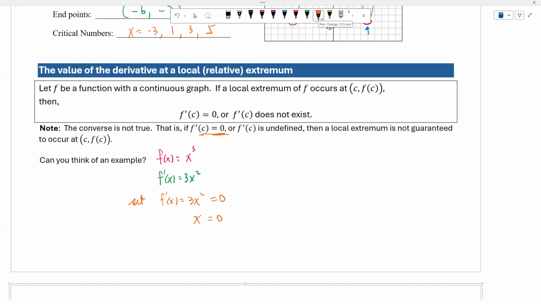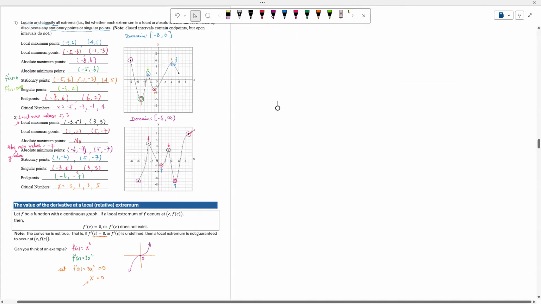So when x equal to 0, the derivative is equal to 0. However, we know that the graph of x to the power 3, you will see that x equal to 0, in this case right here, is not a maximum or minimum. Okay. So therefore, be careful about this theorem then.